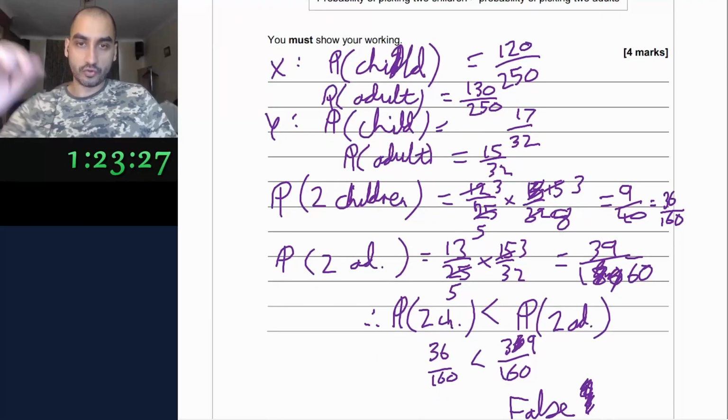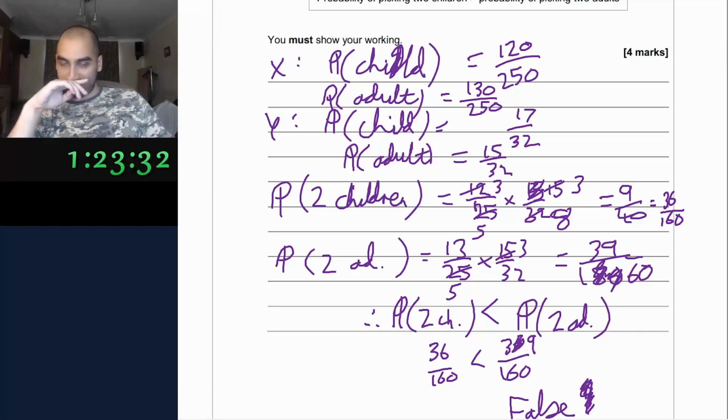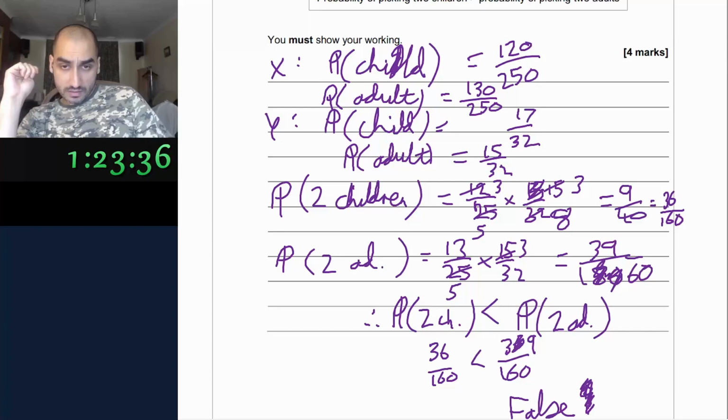Okay. 2 children. It says 12 out of 25 times 15 out of 32. All the crossing out is confusing now.